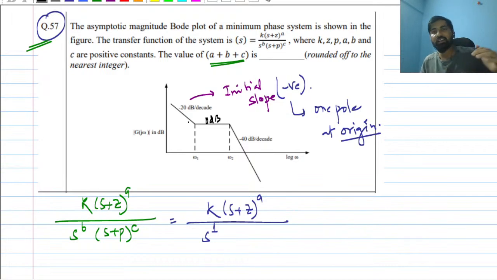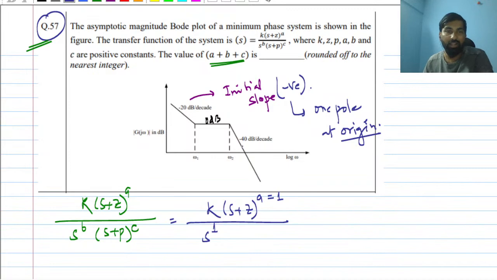So how can you make the minus 20 dB slope into a 0 slope? You can add one zero here. One zero will produce a positive 20 dB slope, so the positive and the minus 20 dB will get cancelled. You can say that this value of a is going to be 1.